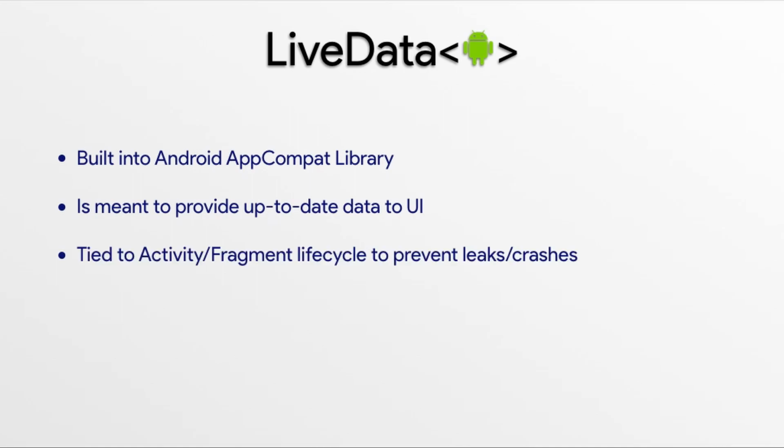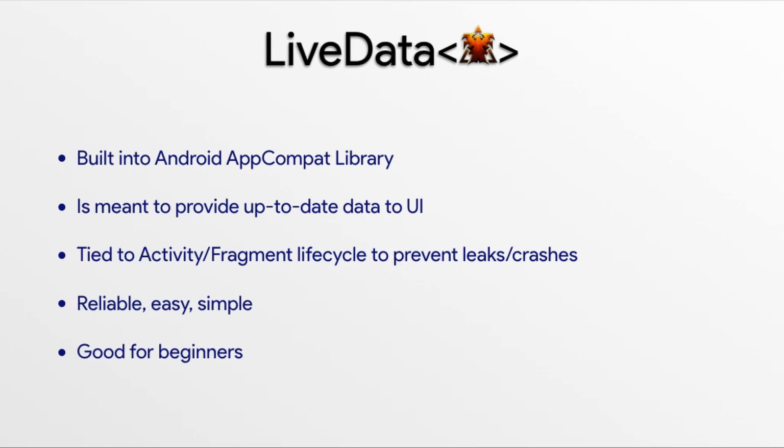Part of the reason is that it's tied very closely to the activity and fragment lifecycle, which helps it prevent leaks and crashes, which I'll explain a bit later. It's reliable, easy, simple, and because of that, it's good for beginners, for people who don't really know reactive programming but want their app to be reactive.